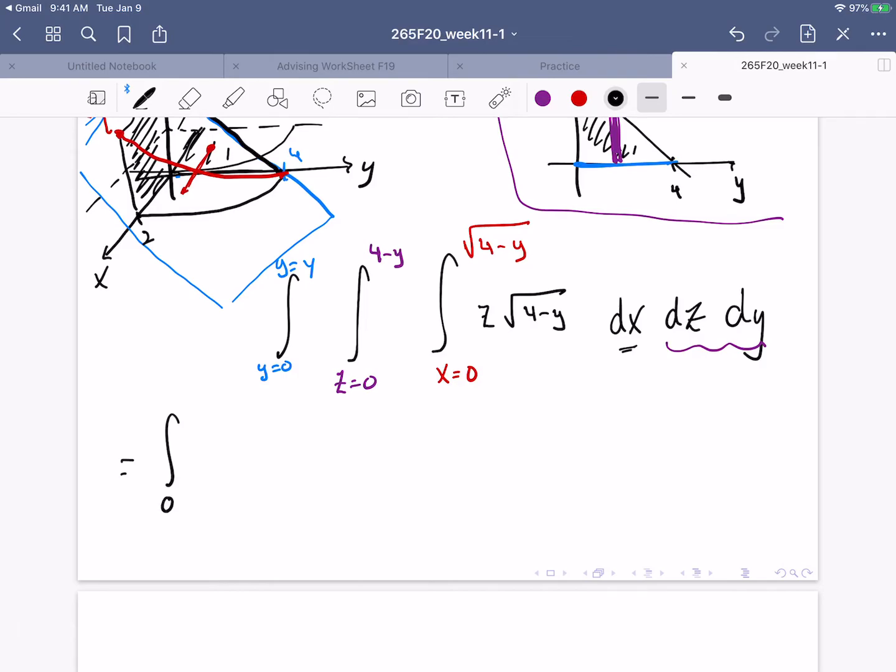So I'm going from 0 to 4, from 0 to 4 minus y, and then integrating with respect to x. This is going to be z times x times the square root of 4 minus y, evaluated from x equals 0 to x equals the square root of 4 minus y.